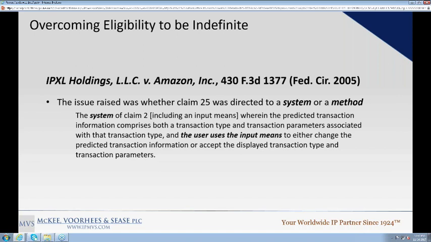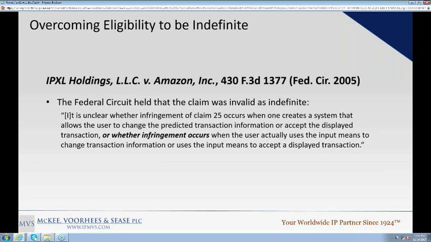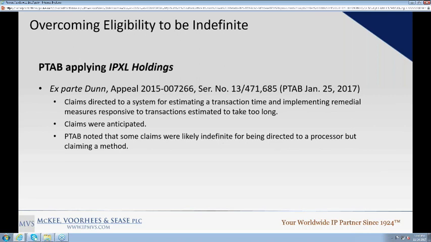Those two different steps and possible options. So the court held it's not clear, or is it actually when a user takes those steps, and it fails the public notice function, it is indefinite. So that case has been getting resurrected in cases that have been in prosecution.